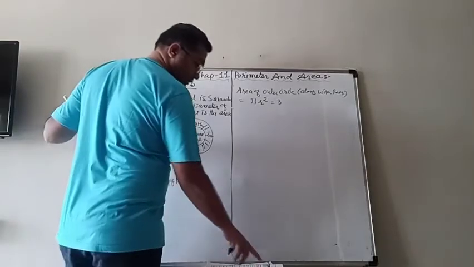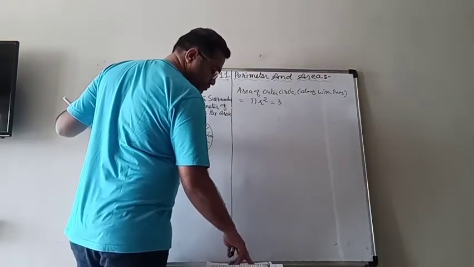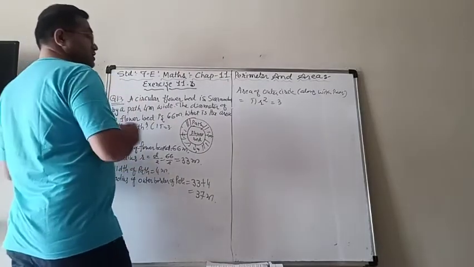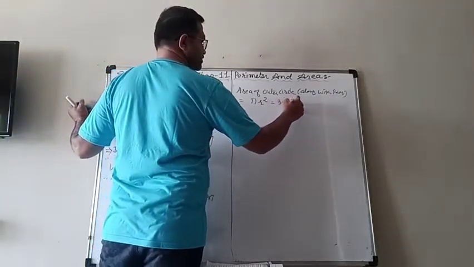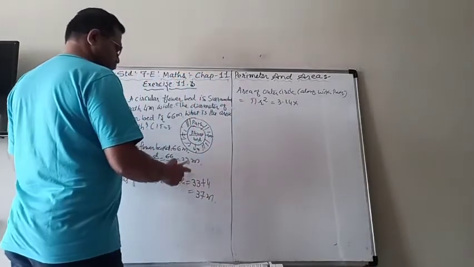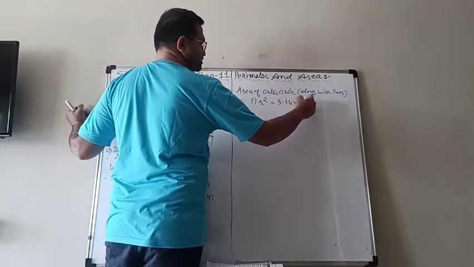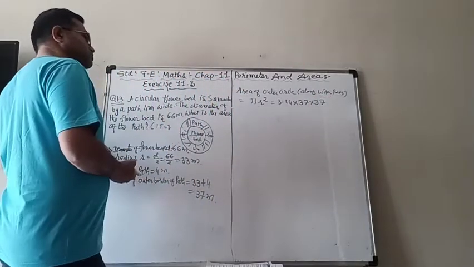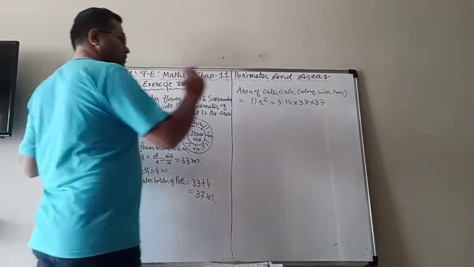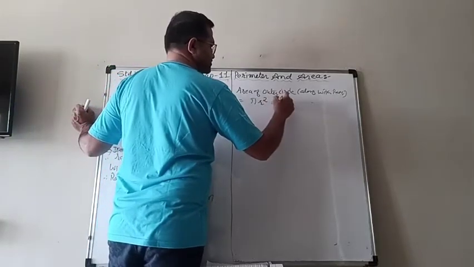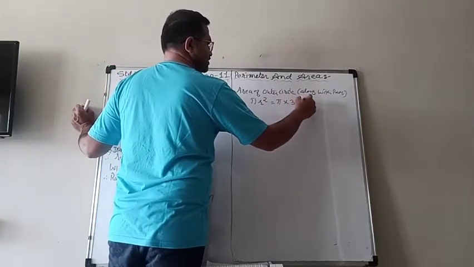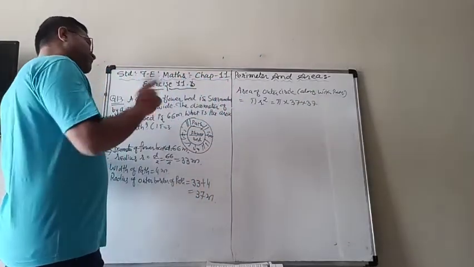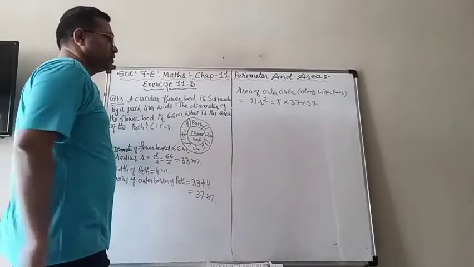Or we will just keep pi as it is. We will put the value of pi at last, as we did in the previous also.